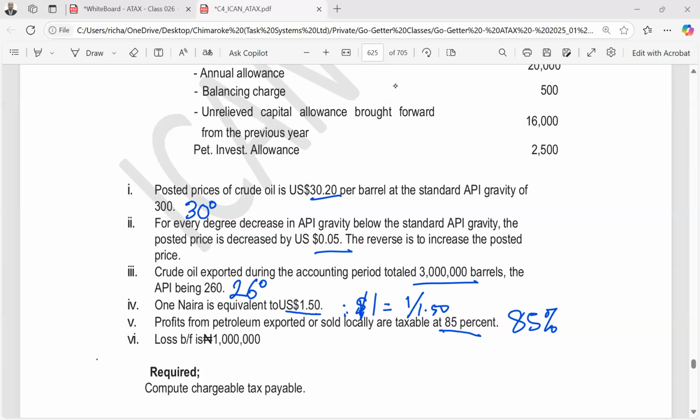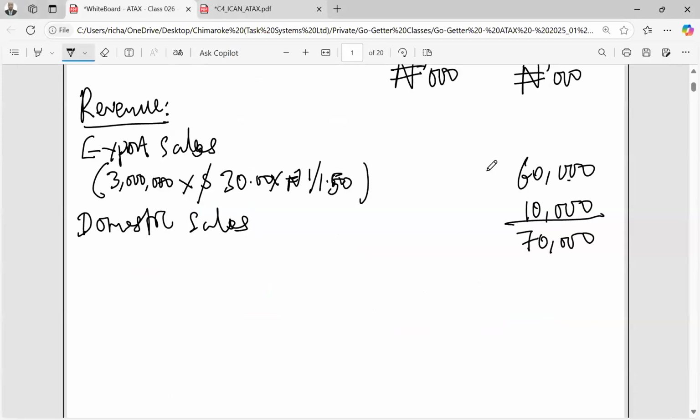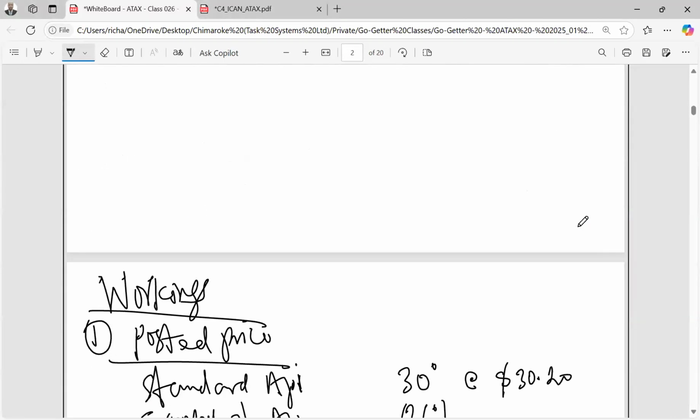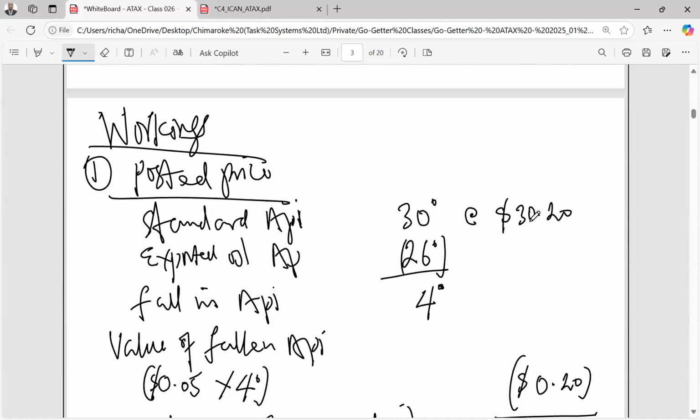The principle is get the posted price and its equivalent API gravity, which is the standard. Bring the actual API. If the API exported is higher than the standard, find the difference. If it is lower than the standard, find the difference.